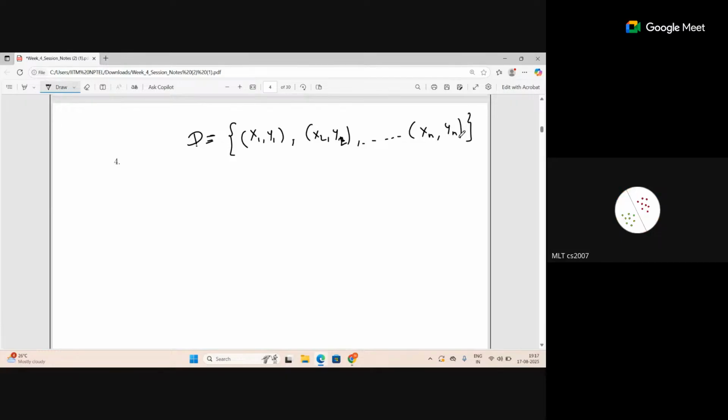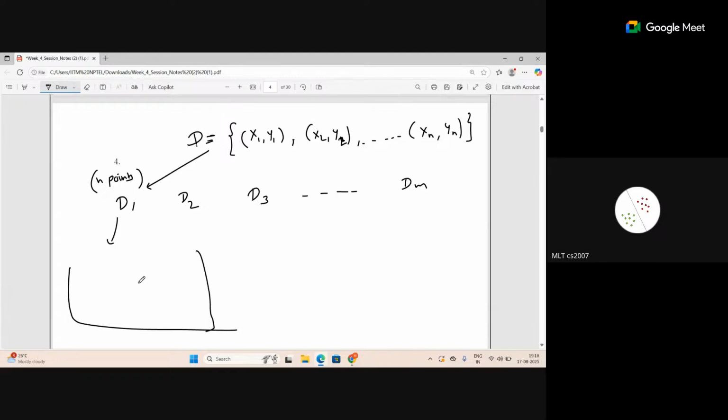Now I want m different data sets to be trained on the decision trees, let's say d1, d2 to dm. And I said each of these should have how many points? N points. So how do these n points come from this data set? I sample them.